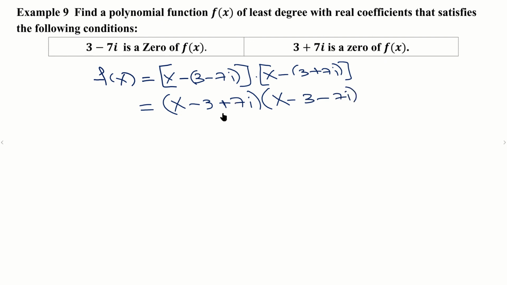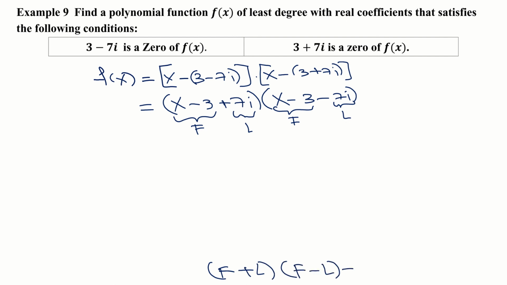Now, if you remember the trick I showed you a little bit earlier, think of the x minus 3 as F, and think of the 7i as L. So we have F plus L times F minus L, which is F squared minus L squared. So we're going to get quantity x minus 3 squared minus quantity 7i squared.